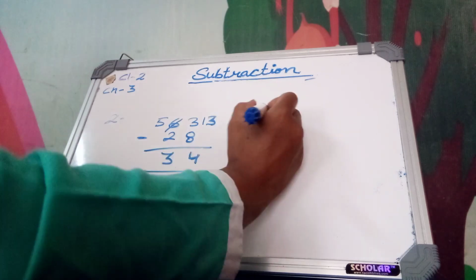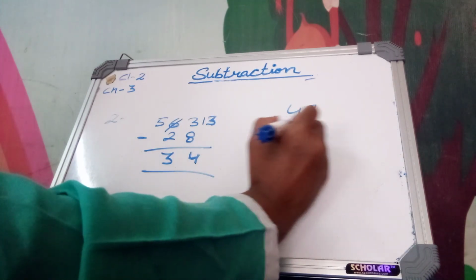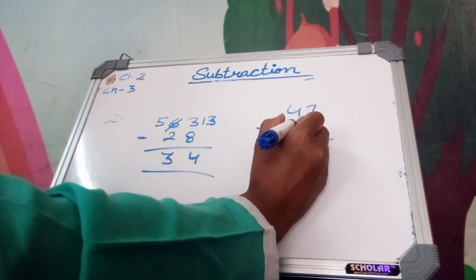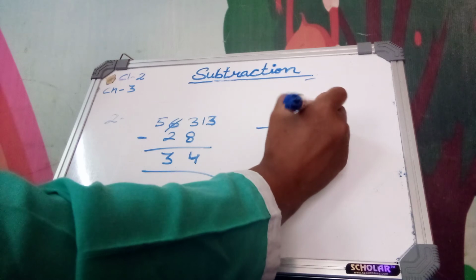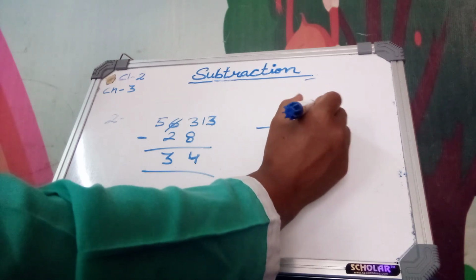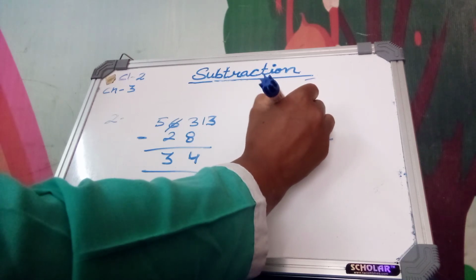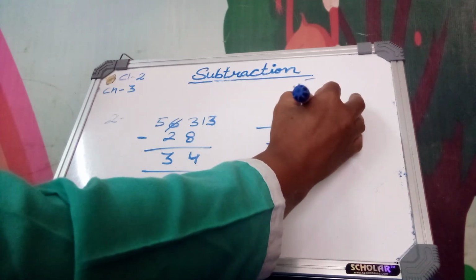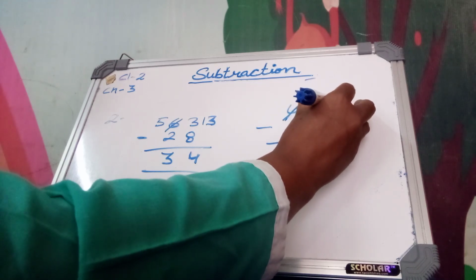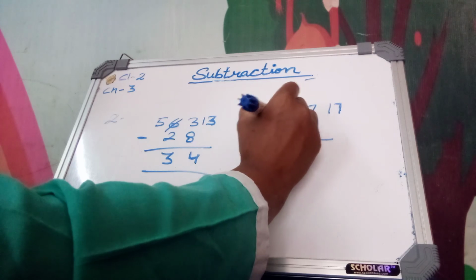Now see next question. 47 subtracted by 8. Okay, there is no digit, so we have to write 0 here. Now 8 is bigger than 7, so we will borrow one ten from this 4. Okay, the 7 will be 17 and this 4 will become 3.